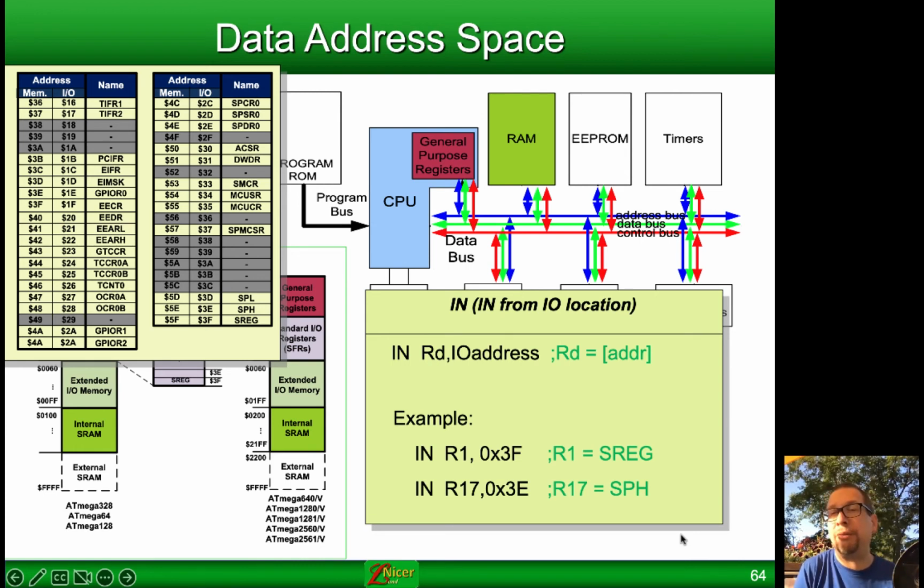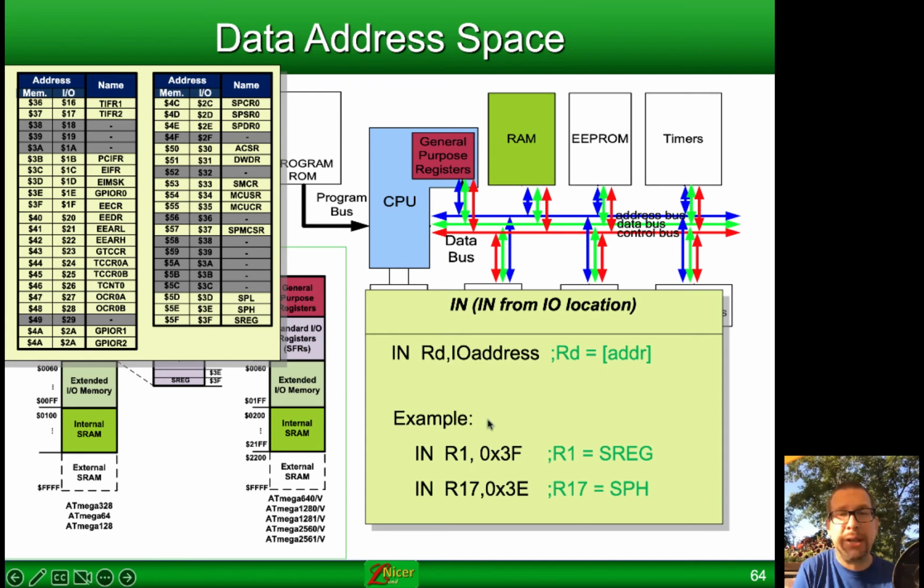But here's an example of one where we use the I/O address. So in, we're saying in from an input-output location. And this refers to really when we're using things like general-purpose I/O. So, for example, we want to bring information in from the status register, and we want to place it in register R1. So we'd say in R1, comma, 0x3f.